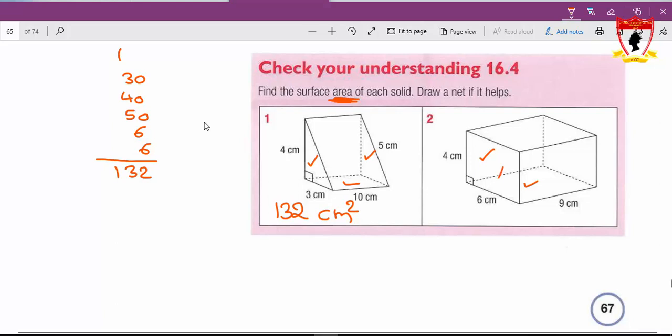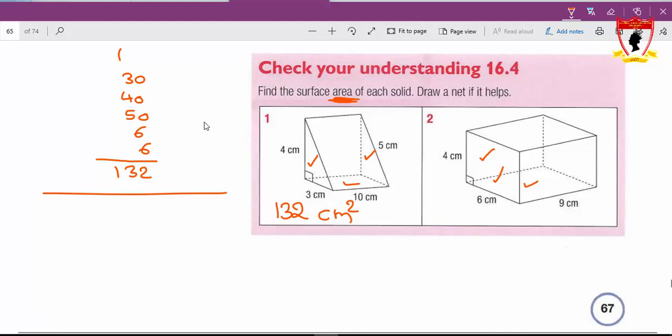So we can find the area of all three rectangles, then add them and double the result, just to save time. Instead of finding the area of 6 different faces, we find the area of 3, then multiply the result by 2. The first rectangle, the base, is 9 by 6.